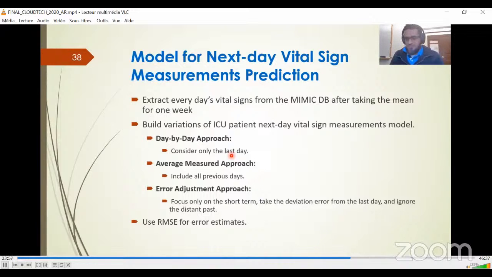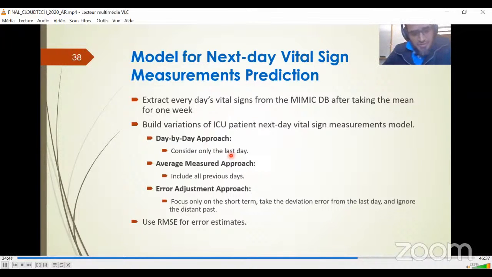To predict the vital signs for the 3rd day, we will consider the vital signs in the 2nd day and the deviation error from predicting the vital signs in the 2nd day. Because by the end of the 2nd day, we get the real vital sign measurement. This is valid information, and you can compare it with our detected results and see how the error is, small or big, and we can use it for the next iteration.